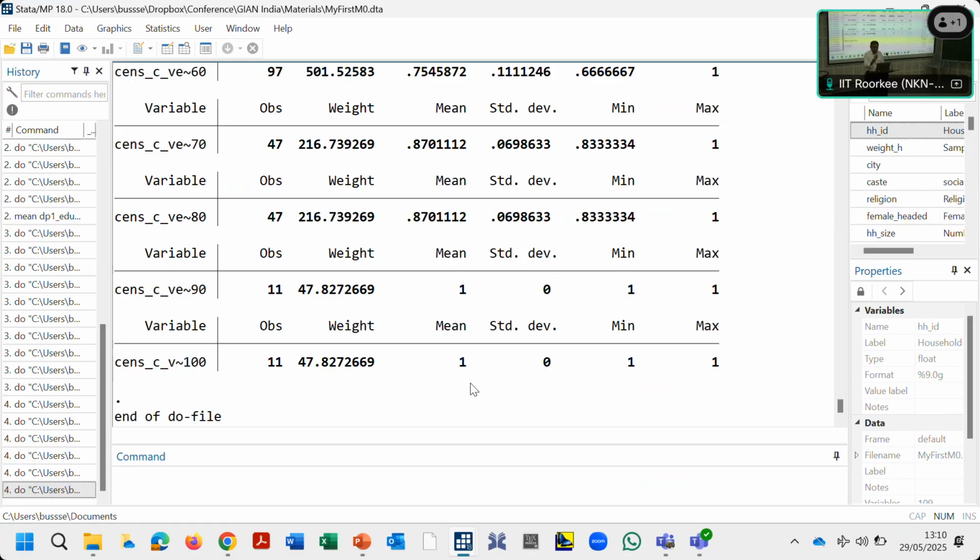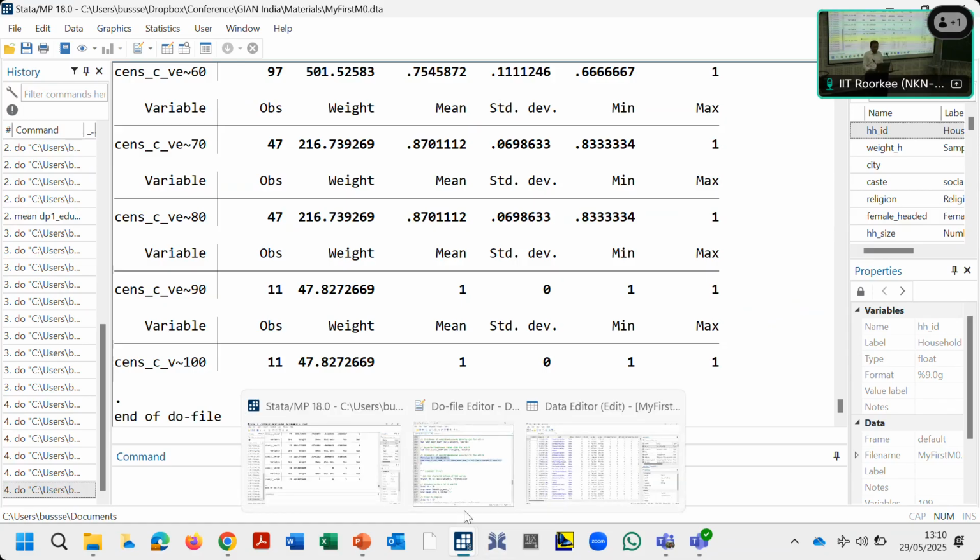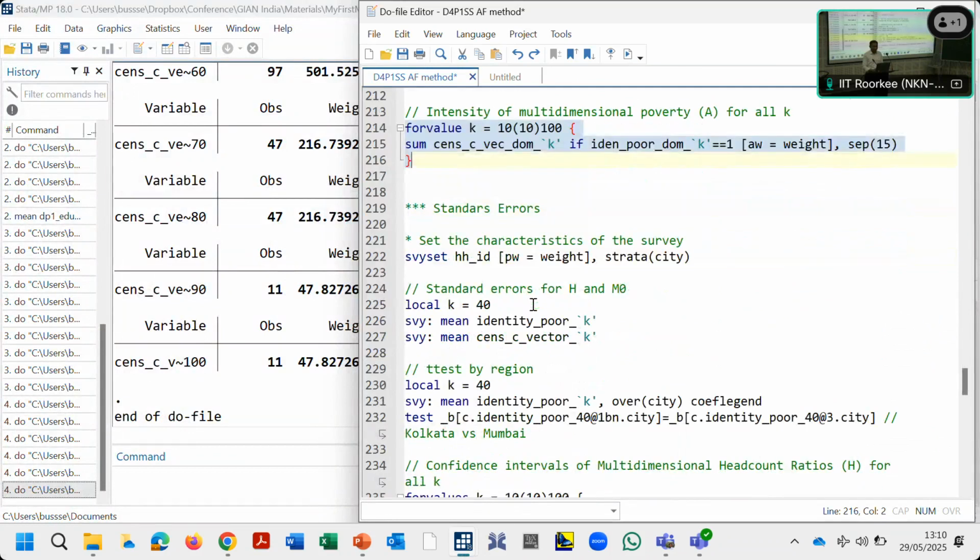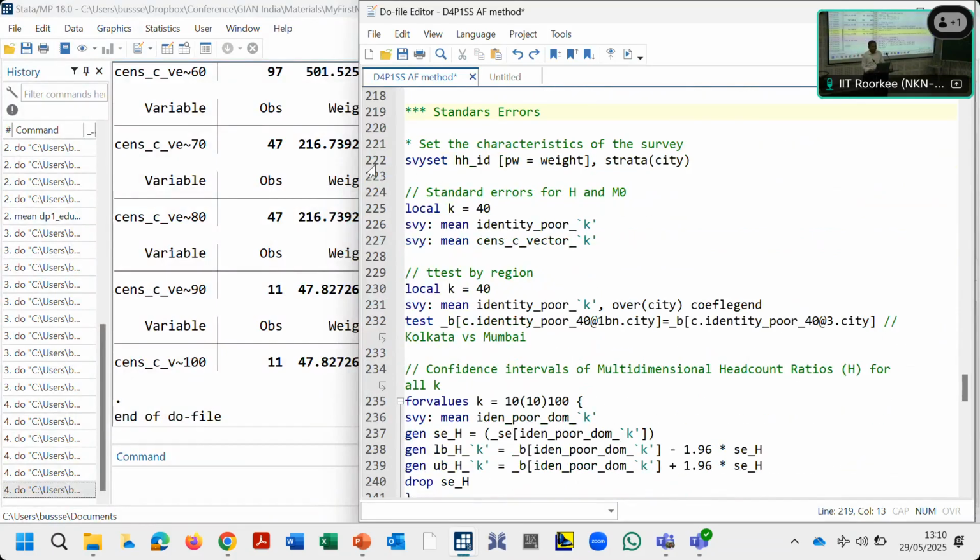Sounds good. Now, let me move forward and show you something additional, which is standard errors, confidence intervals, t-tests, and all these things, a little bit. Have any of you heard about svyset? Yeah, this is survey set. What do you do here?